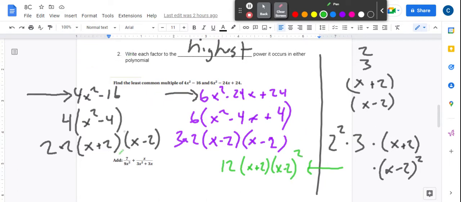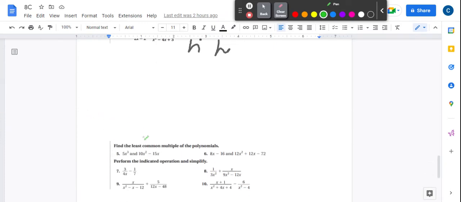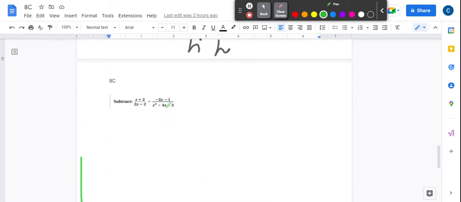If you want to, skip this example problem for right now, and try to find the least common multiples on numbers 5 and 6 using that example. So we use the example we just did to find those least common multiples, and then we'll come back and do this sample problem next.